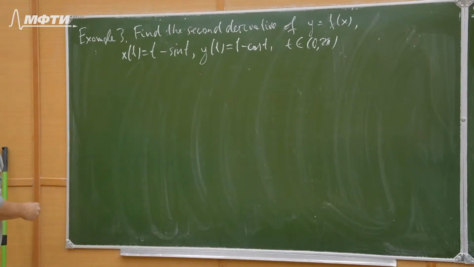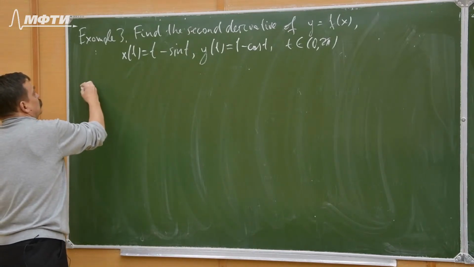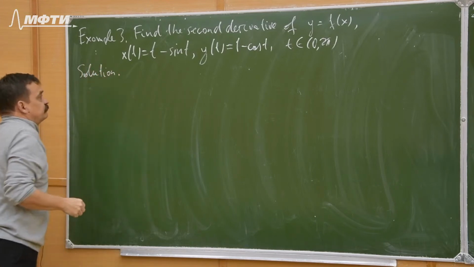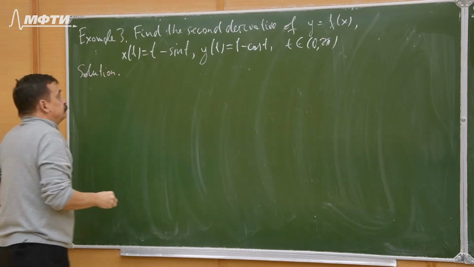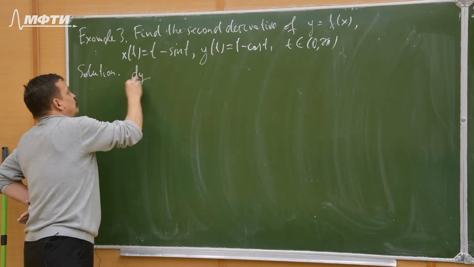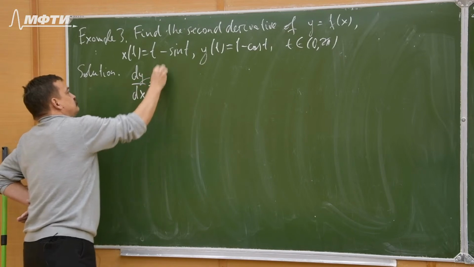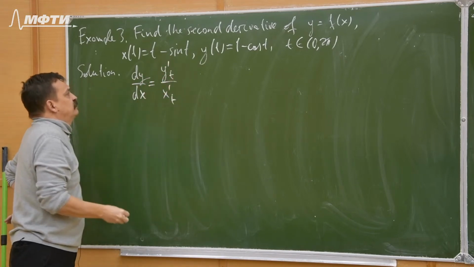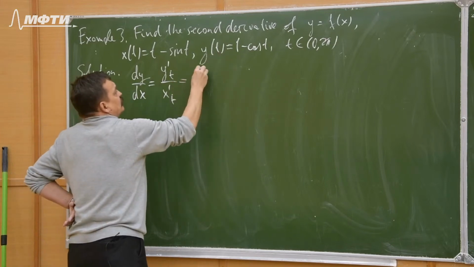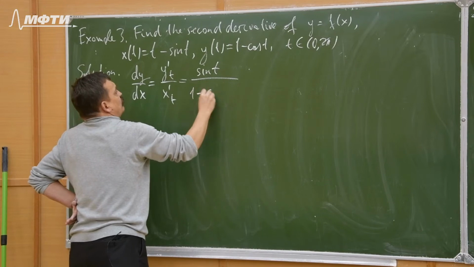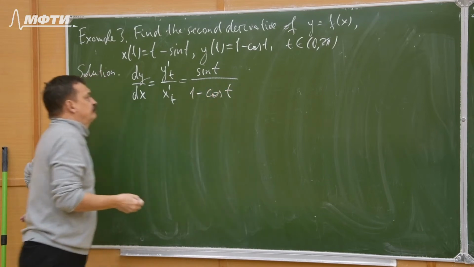So, solution: we proceed firstly by finding the first derivative, dy over dx, which is y prime of t over x prime of t, that's sine t over 1 minus cosine t.